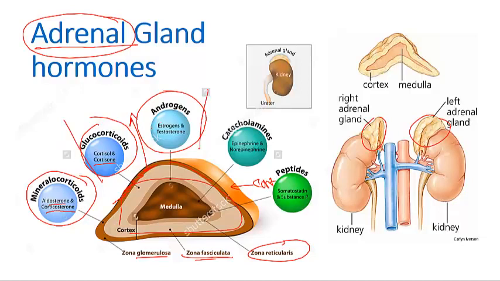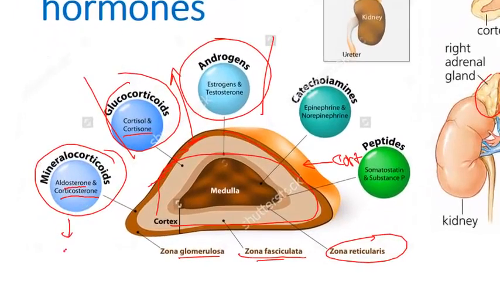Now if you look at the structures of different hormones, among the mineralocorticoids we have aldosterone and corticosterone. Aldosterone causes the reabsorption of sodium and the secretion of potassium. So it's the addition of sodium and secretion of potassium.